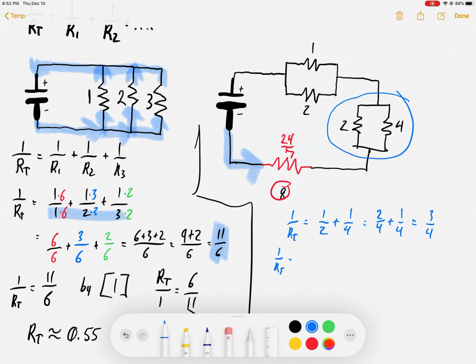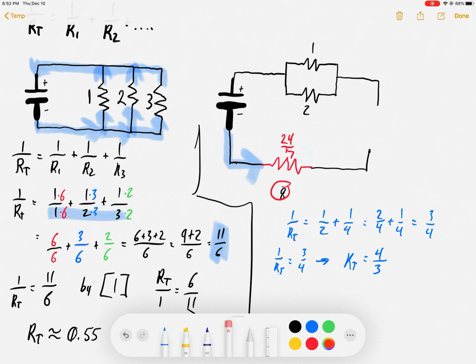So 1 over RT equals 3 over 4. And that means that the total resistance is 4/3. So this parallel circuit acts as a single 4/3 ohm resistor. And now we only have the one more.